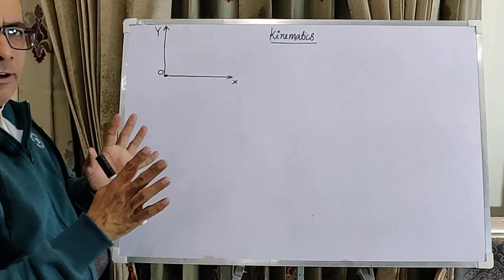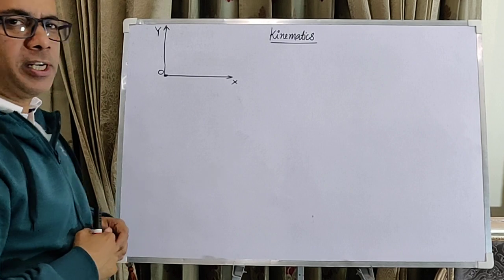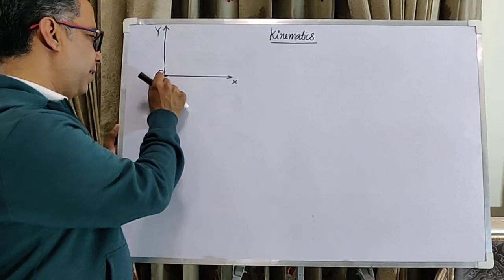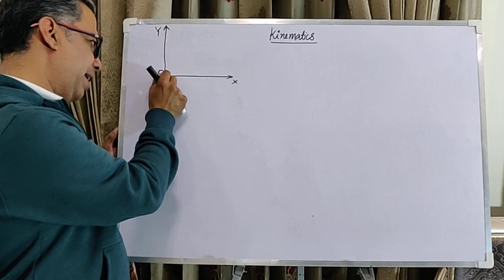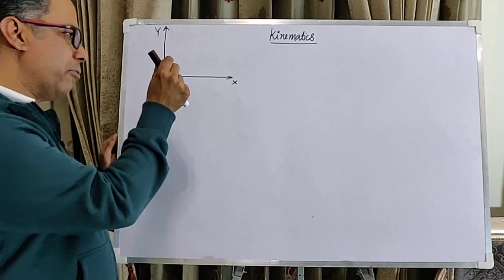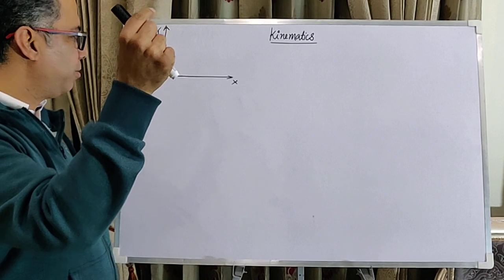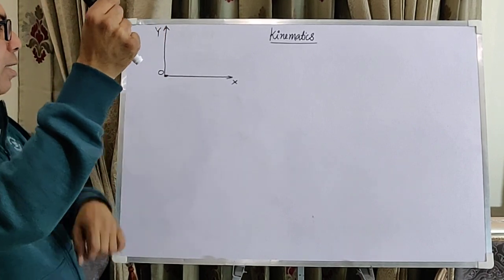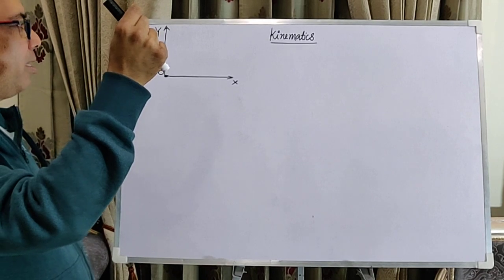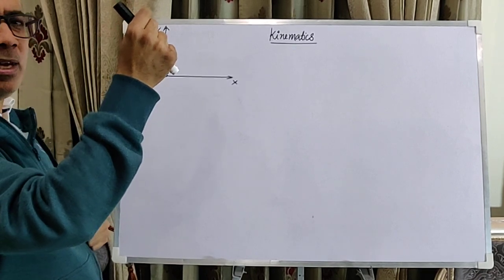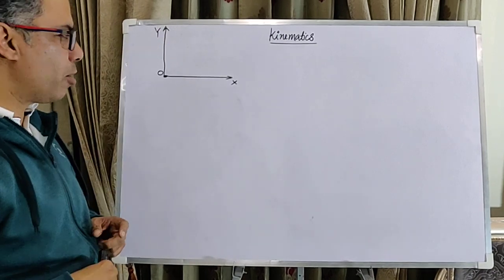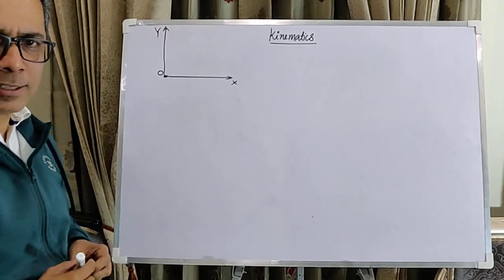What you can visualize about the z-axis is you can hammer in a nail here, tie a thread to the nail and pull the thread out perpendicular to the plane of the board. Now this thread is perpendicular to both x and y axes, and this perpendicular thread now constitutes the z-axis.